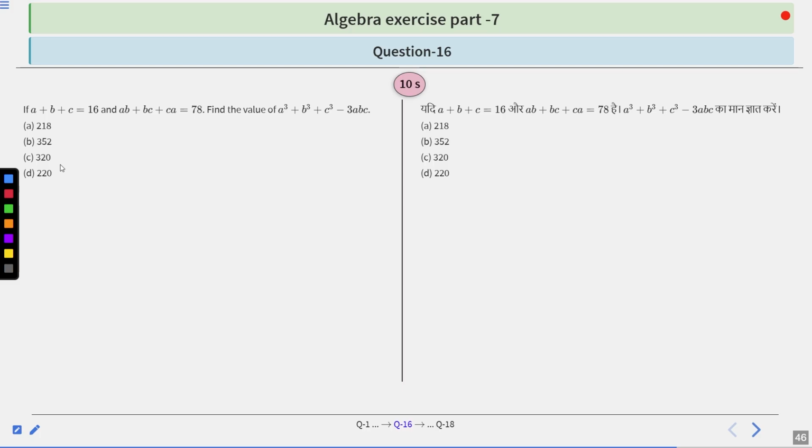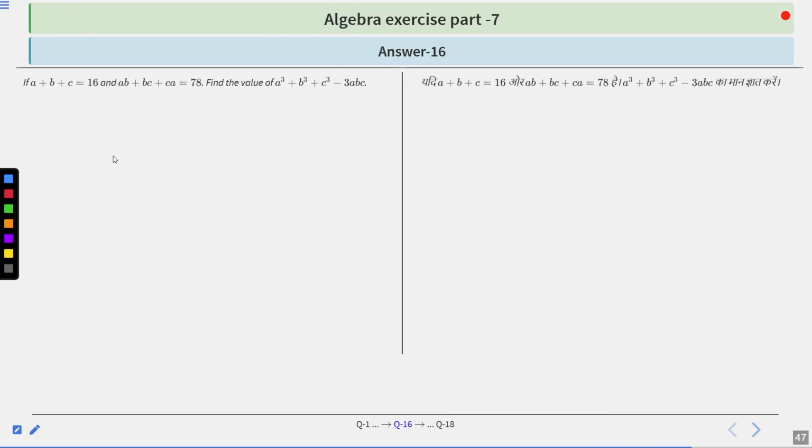So a+b+c and ab+bc+ca were given to us, and the value of a³+b³+c³−3abc has to be found. The answer to this question is option number B, 352.